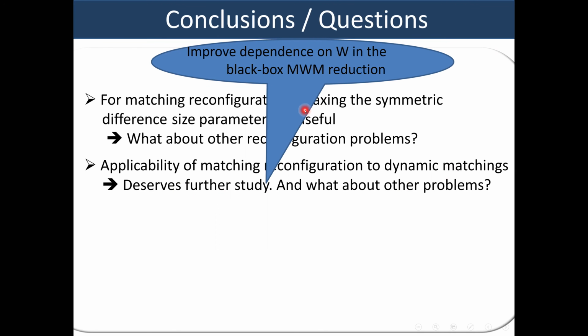I'm talking more broadly than that. And also, maybe there is a similar applicability for other reconfiguration problems. And maybe in this way, we could get improvements for other dynamic graph algorithms outside the scope of graph matchings.